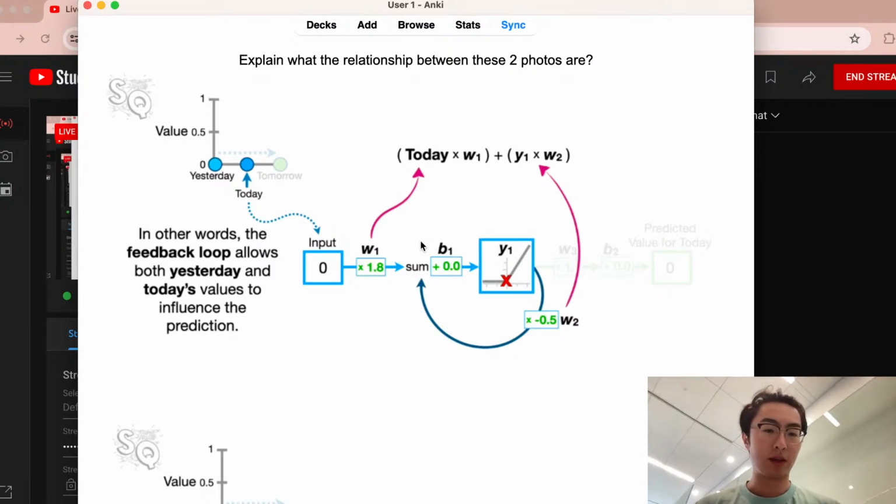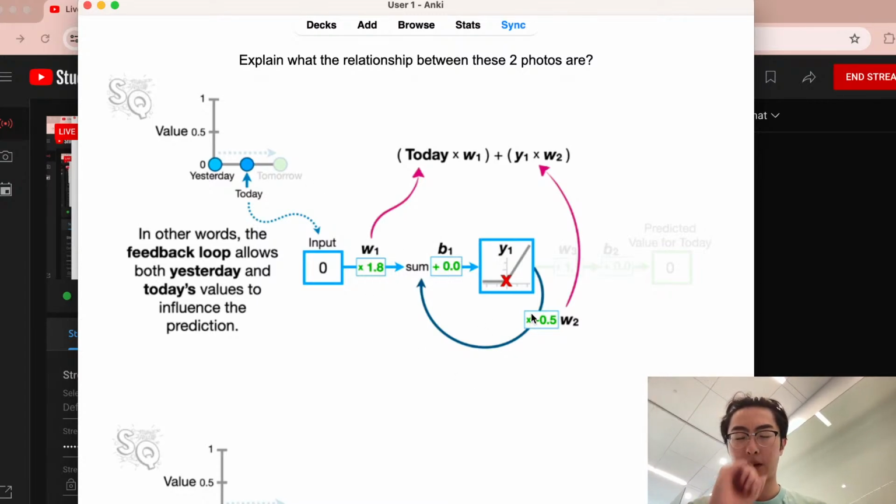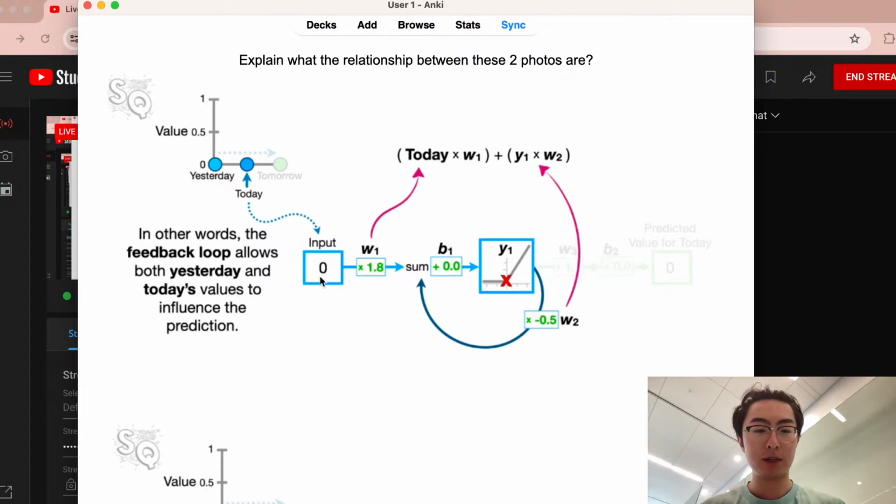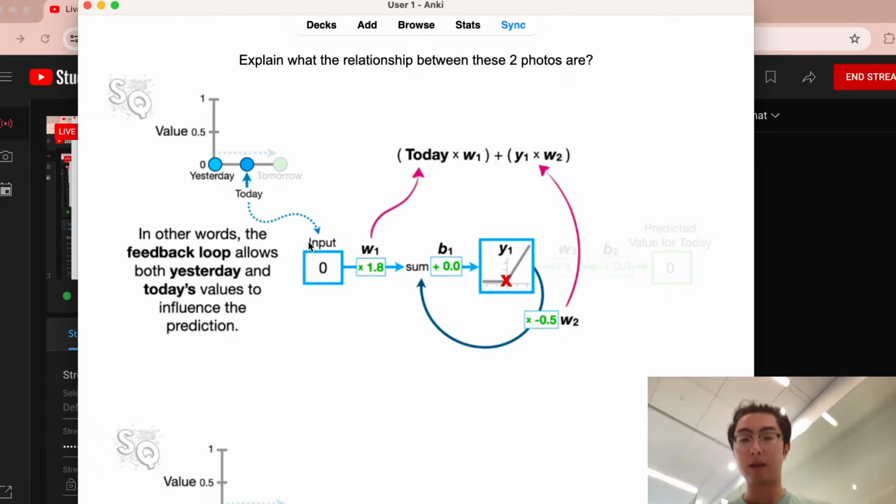Basically, the first one here is an unrolled recurrent neural network, so pretty much the idea is that you have an input which represents maybe some time series data or sequential data, and then you multiply that input by some weights. You add that with the previous input.